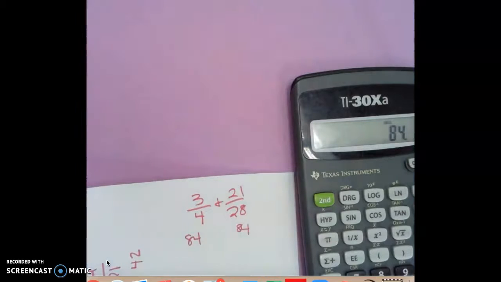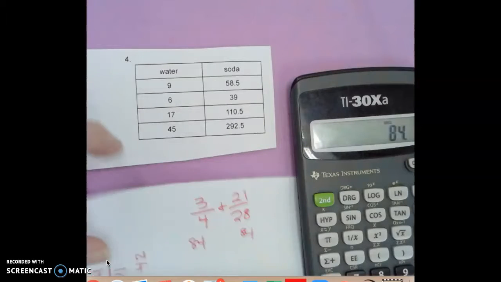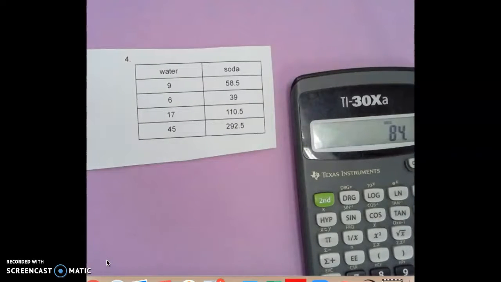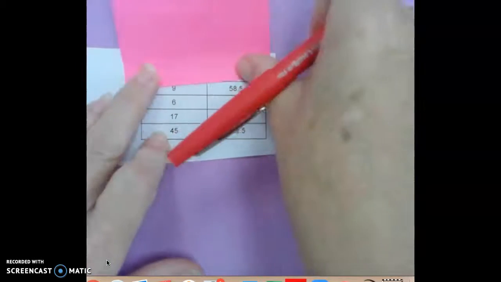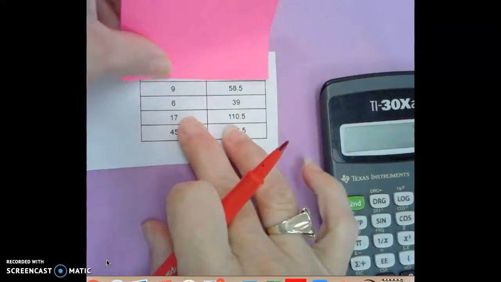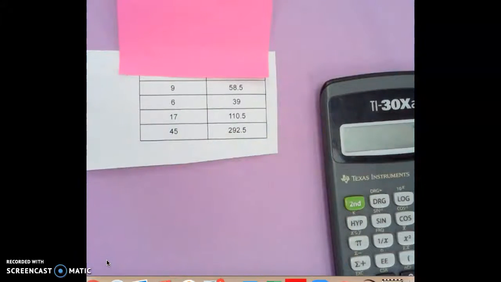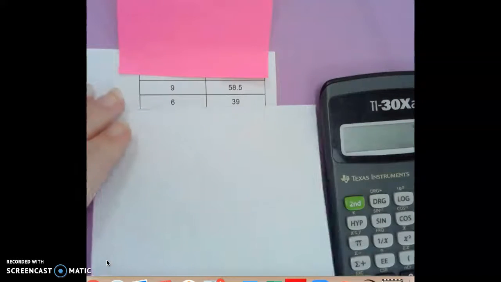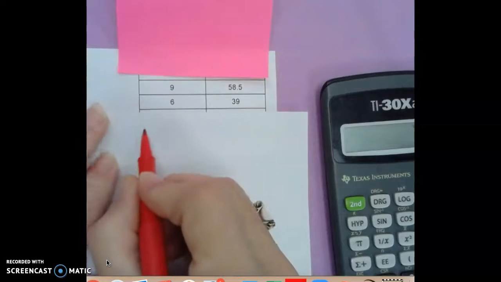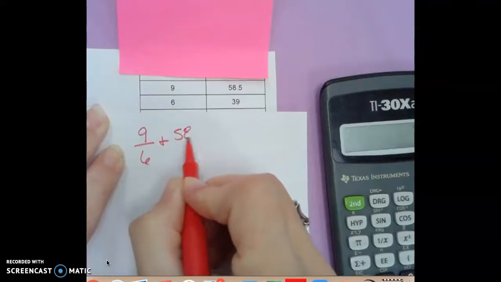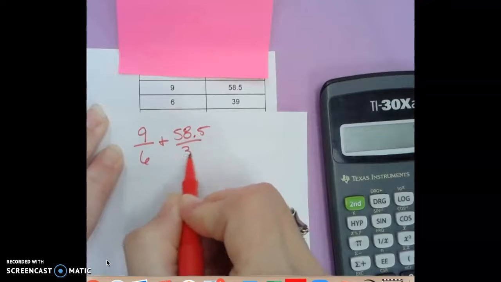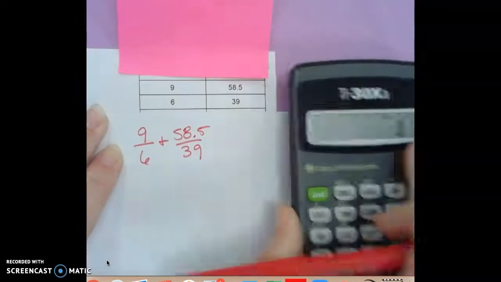Okay? So now we've got one more table to check, and that's all we're doing, going through and checking piece by piece by piece. So I'm going to start at the top with 9. I got a decimal, but don't let that scare you. 9 over 6 and 58.5 over 39.